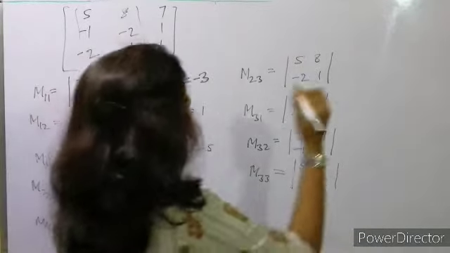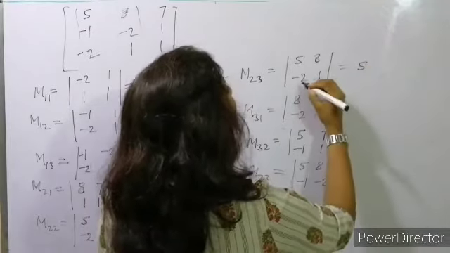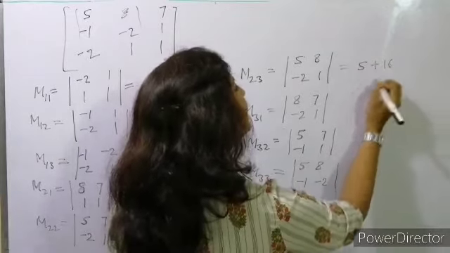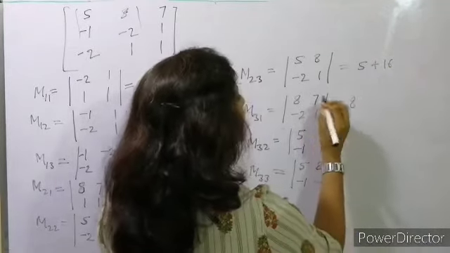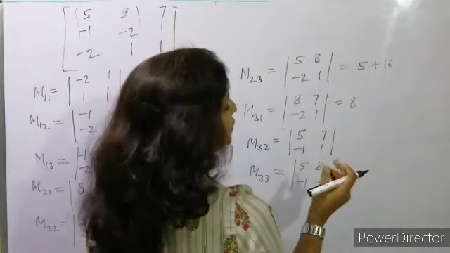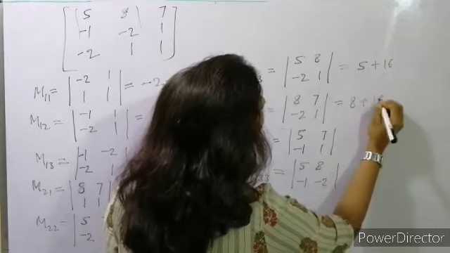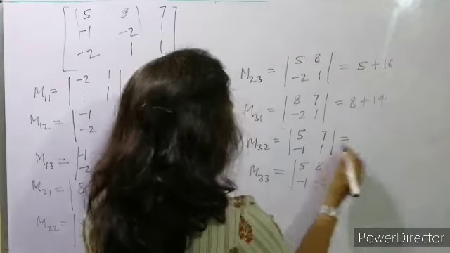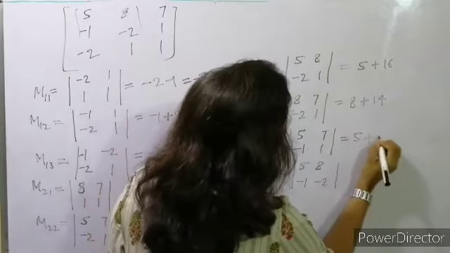Okay, so we'll find out the value. 5 into 1 is 5, minus minus plus 2 into 8 is 16. Now 8 into 1 is 8, minus 2 into 7 minus 14, so minus minus plus 14. Now 5 into 1 is 5, minus minus plus 7.